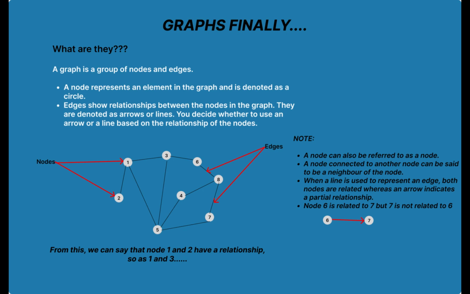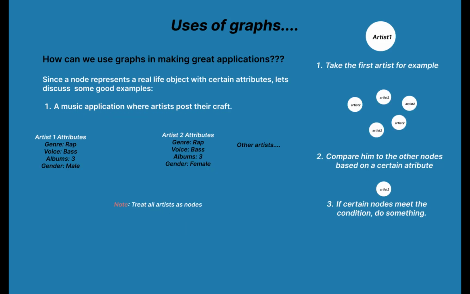Now, how can we use these graphs? How can elements that are not arranged in any order help us? Since we know that nodes have relationships with other nodes, graphs can be used in prediction. Let's take an example of an application where artists post their music on a social media platform.